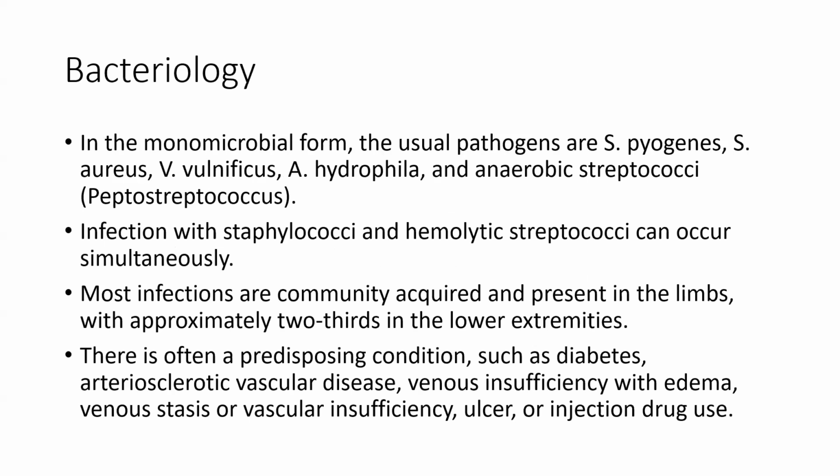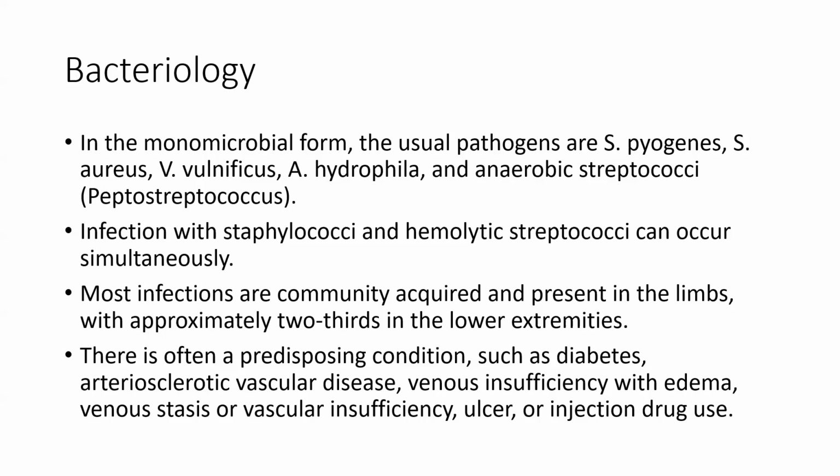Then bacteriology. In the monomicrobial form, the usual pathogens are Streptococcus pyogenes and Staphylococcus aureus, Vibrio vulnificus, Aeromonas hydrophila, and anaerobic streptococci, that is Peptostreptococcus. So infection with staphylococci and hemolytic streptococci can occur simultaneously.